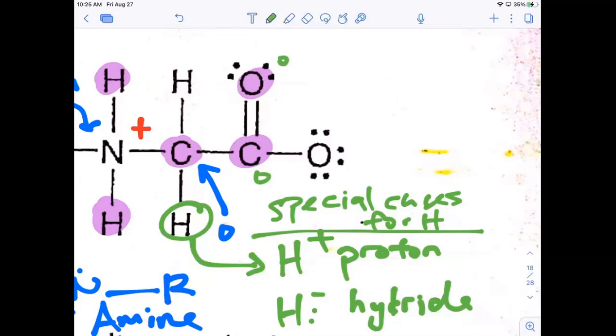Anybody not following that? It's got 2 lone pairs and 2 bonds to it, and that's the ground state for oxygen: 2 sigma bonds and 2 lone pairs. If it has 1 bond and 3 lone pairs, then it's negative. If it has 2 bonds, then it's neutral.